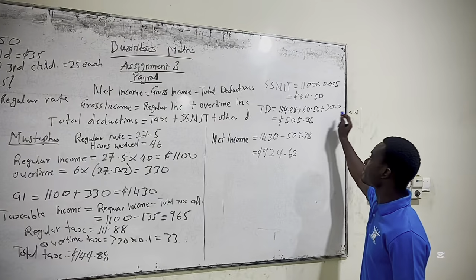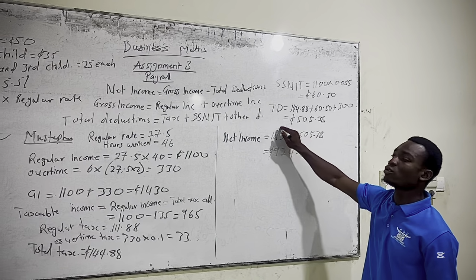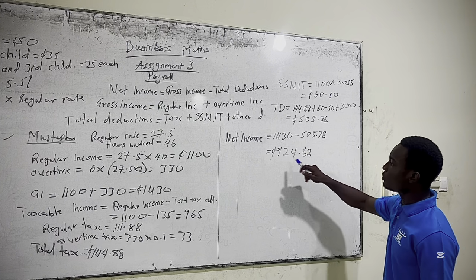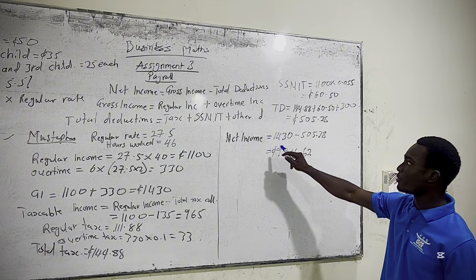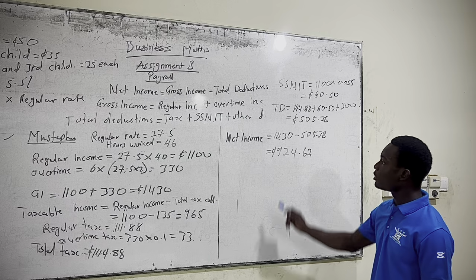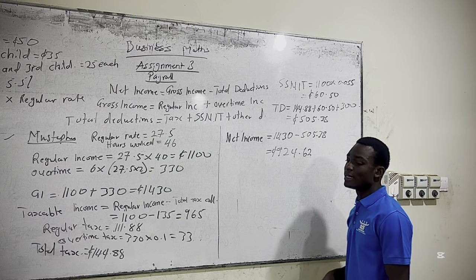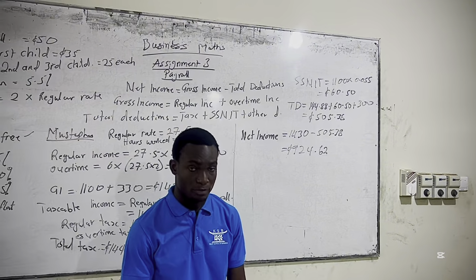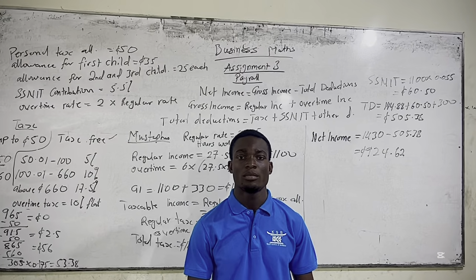The other deductions, and then it's going to be a total of what? 505.38. And then our net income is going to be our gross income minus our total deduction, which is going to give us a total of what? 924.62. Right.